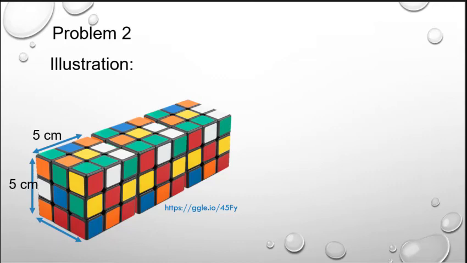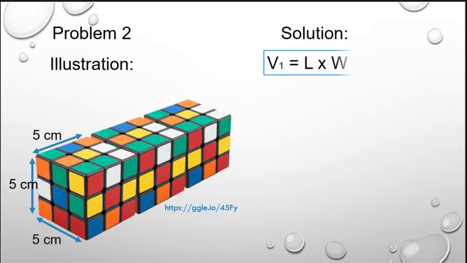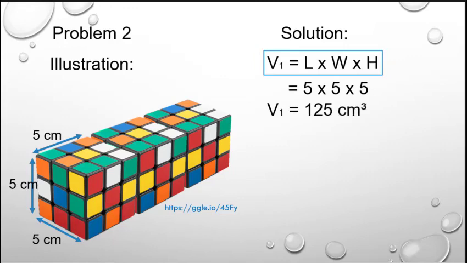In order to get the total volume of the 3 Rubik's Cubes, we get the volume of the first Rubik's Cube, applying the same formula, length times width times height, which is 5 times 5 times 5. The volume of the first Rubik's Cube is 125 cubic centimeters.